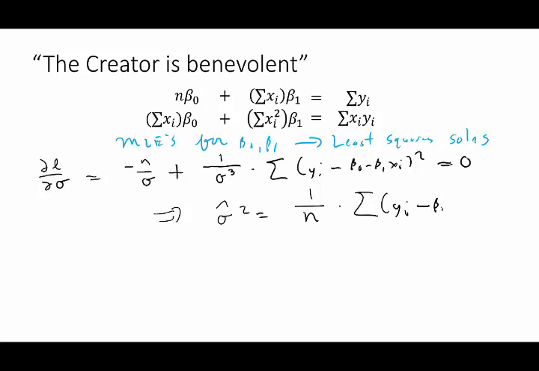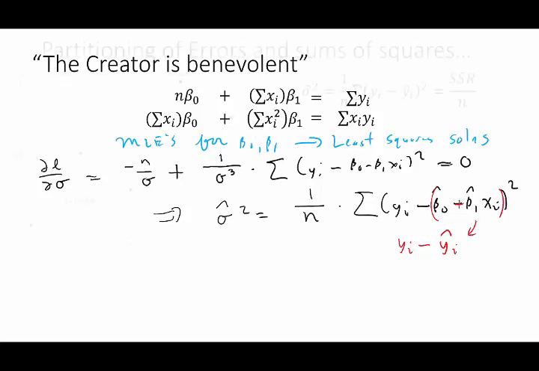So we'll end up getting beta naught hat minus beta 1 hat xi squared here for sigma. So great, we've got three formulas. And notice here that the sigma hat squared is essentially, once again, you could think of this as a yi minus a predicted yi. This whole part right here is a prediction.